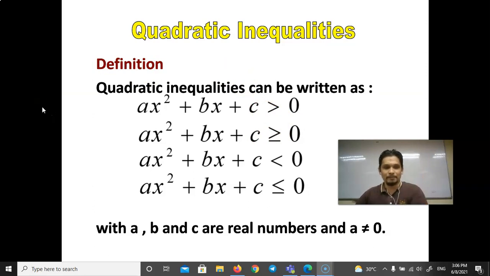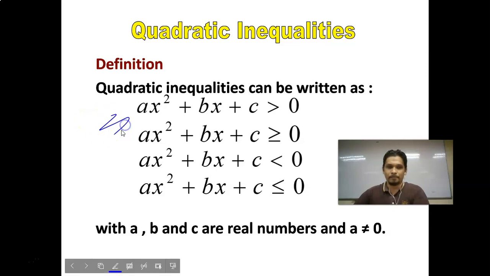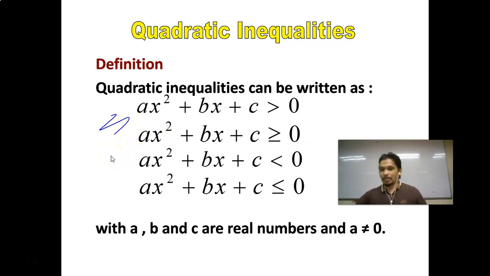Consider 0x squared plus 2x minus 5 equal to 0. 0 times x squared is automatically 0, so there is no x squared left. This is not quadratic, this is linear. So a cannot be equal to 0.